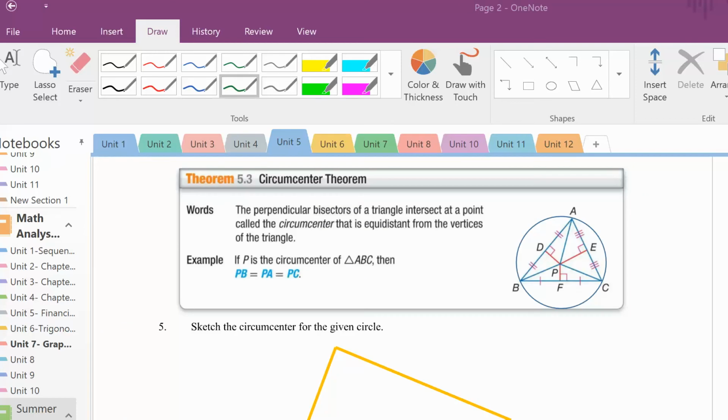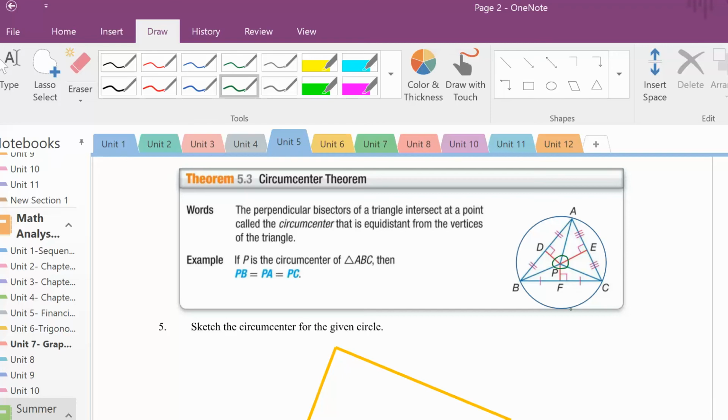All right, if you draw all the perpendicular bisectors of a triangle, they will meet in the center in what's called the circumcenter of the triangle. That is basically the center of a circle that is circumscribed, meaning it's around the triangle. So that's why it's called the circumcenter.